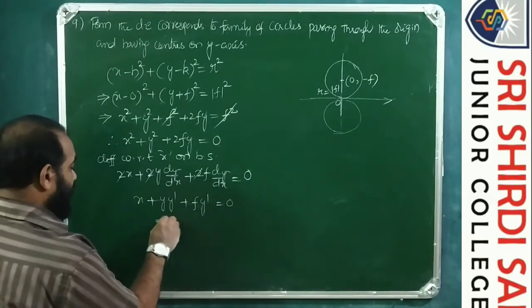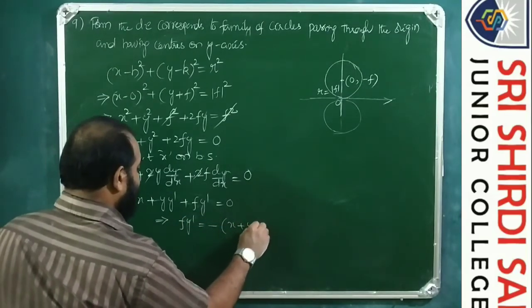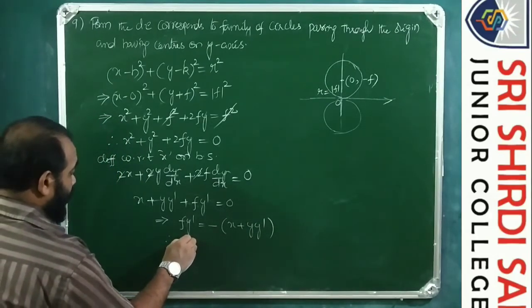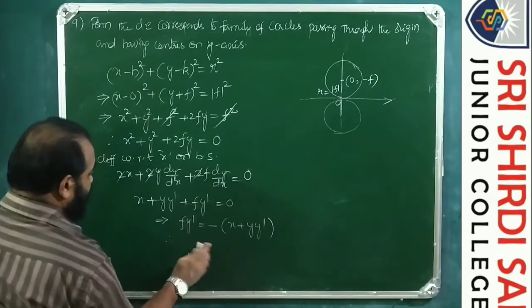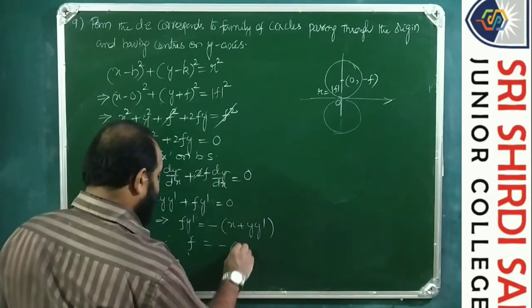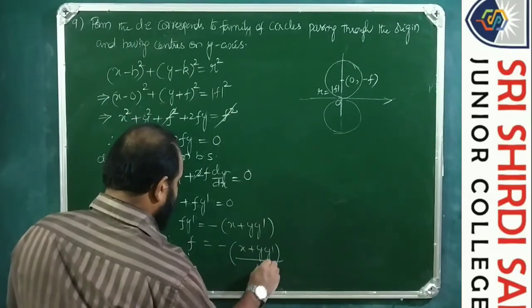So f y' equals minus of (x + y y'). Since f is what we need to eliminate, f equals minus (x + y y') by y'.